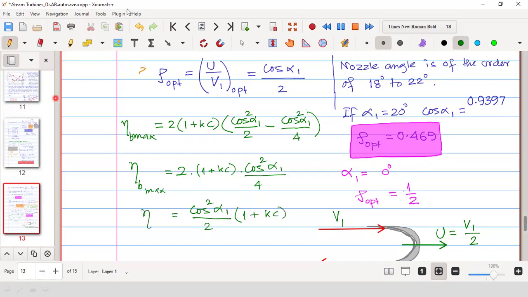That is the maximum blade efficiency. Okay, this is the condition.